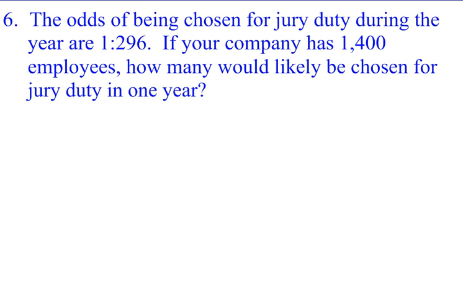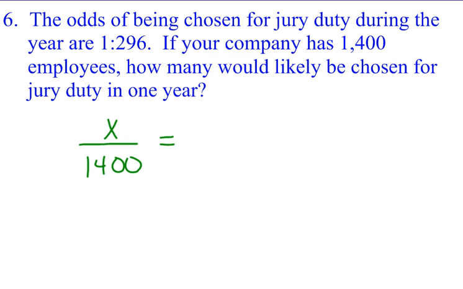Last one. The odds of being chosen for jury duty during the year are 1 to 296. If your company has 1,400 employees, how many would likely be chosen for jury duty in 1 year? So we're going to say how many of your 1,400 employees, there's our proportion, would be chosen for jury duty. What's the probability you're chosen for jury duty?